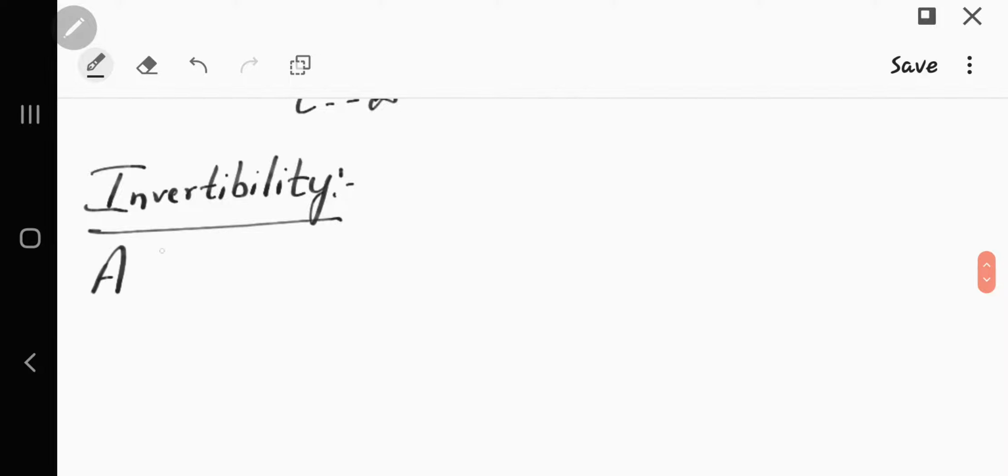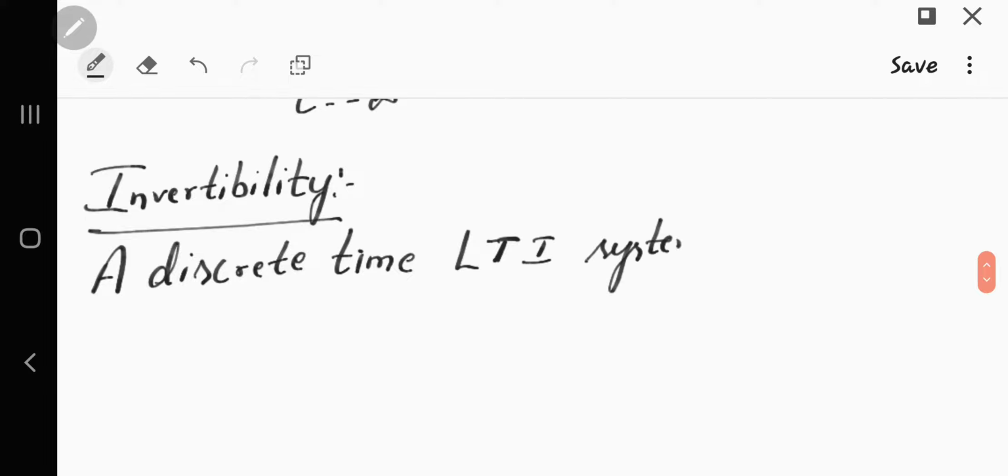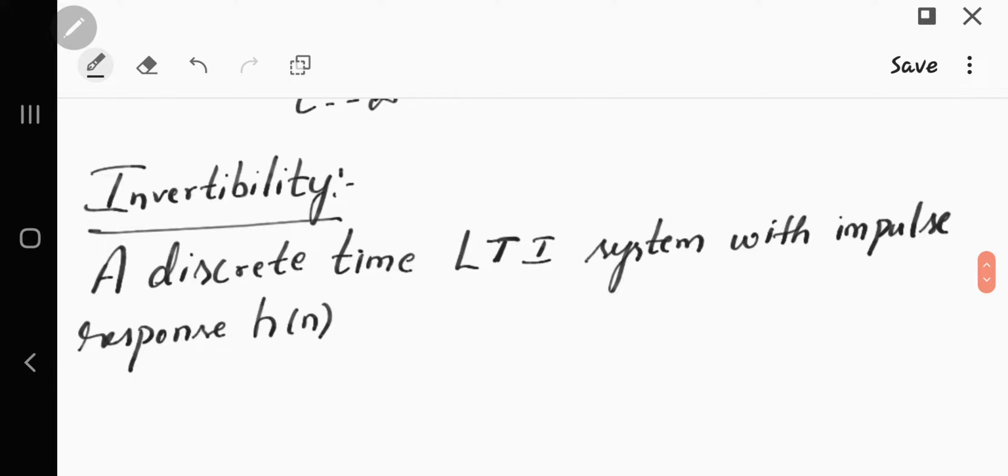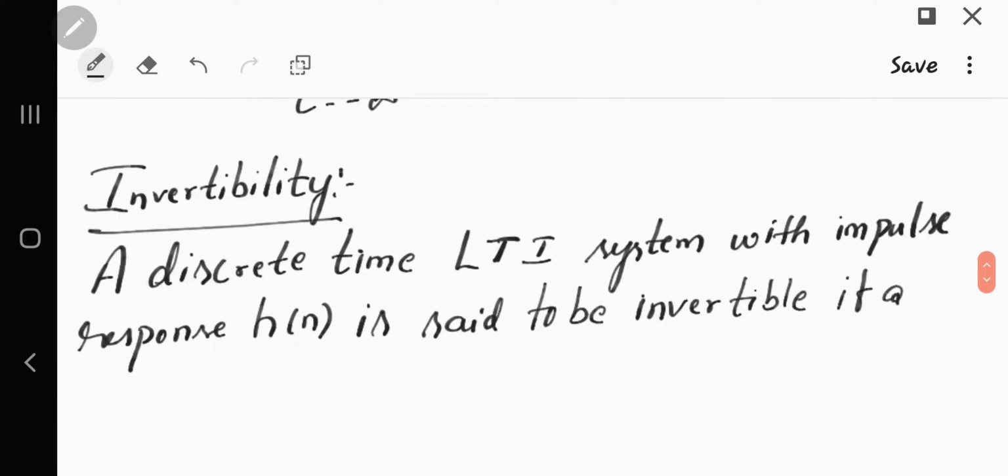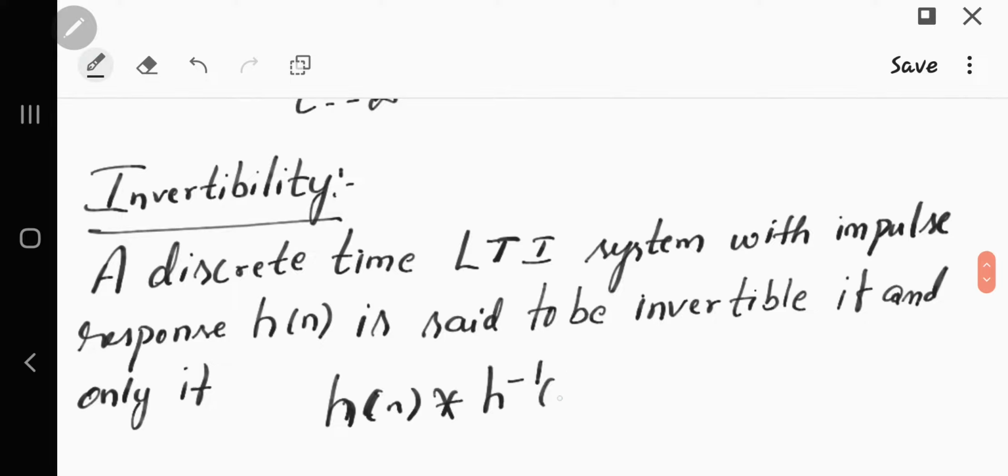Okay. So let's take the discrete time here. A discrete time LTI system with impulse response h of n is said to be invertible if and only if the condition goes like this: h of n convolved with h inverse of n should be equal to delta n.